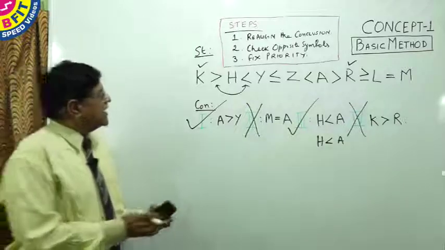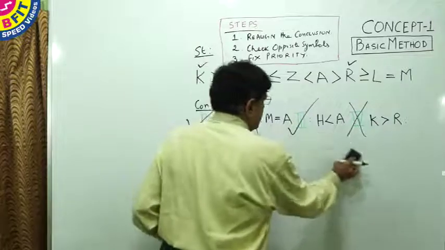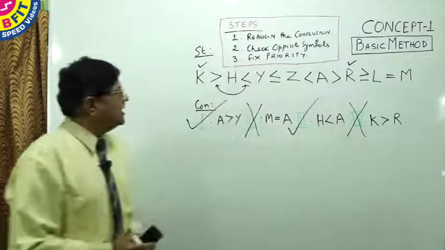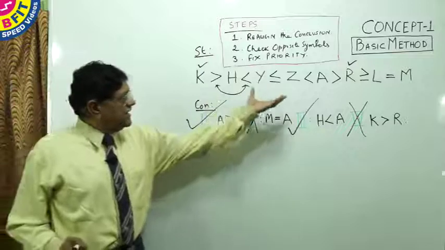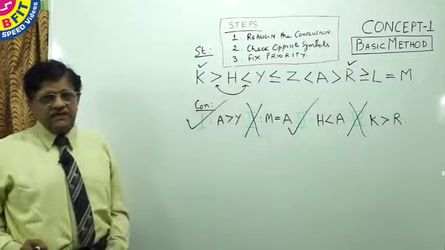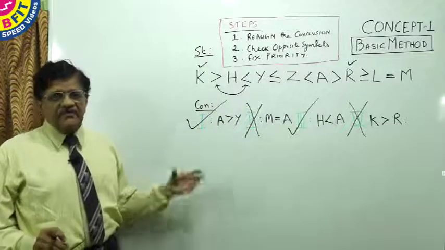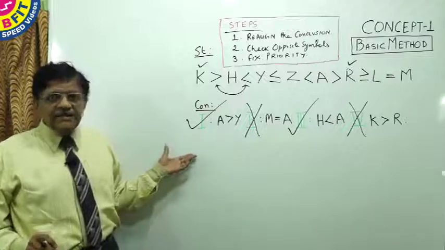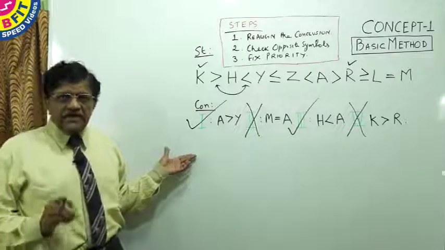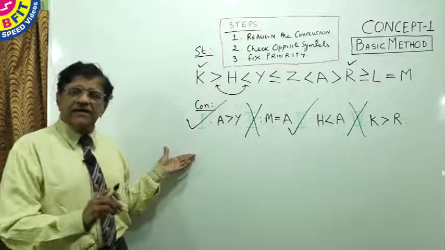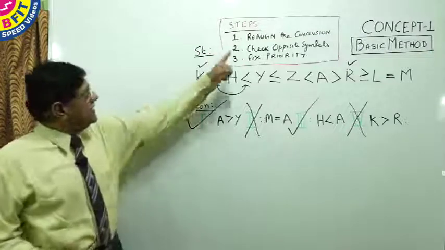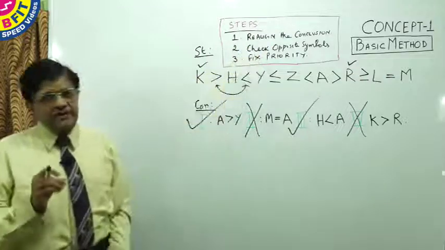So, if you look at this question, what we have done is, we are seeing the elements first. Then second step is, we are verifying whether the conclusion is in the same order in which it is there in the statement. Verify, realign the conclusion if need be.